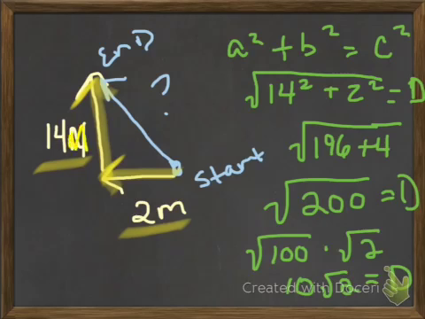Once we have our component vectors drawn, then we can go ahead and draw our resultant vector. Now the resultant vector is different than the component vectors, because what we care about in the resultant vector is that we need to know where we started and where we ended, and that's how we're going to get our displacement.